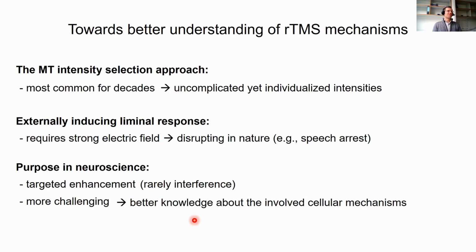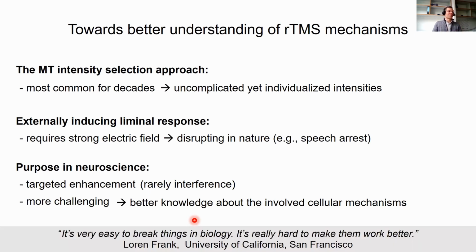And this is more challenging because we need to get better knowledge about the involved cellular mechanisms of rTMS. As Loren Frank says, it's very easy to break things in biology, but it's really hard to make them work better.